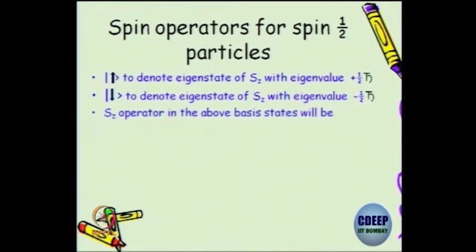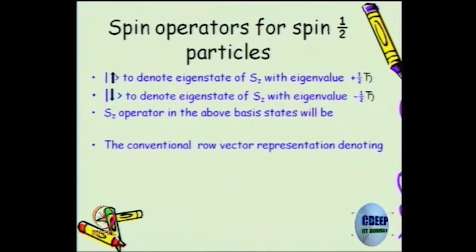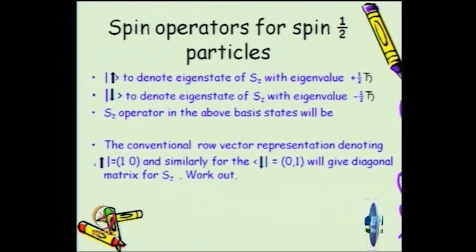For the Sz operator in the above basis, you can write the up state and down state, the corresponding dual vector as a row vector, and you can work it out.